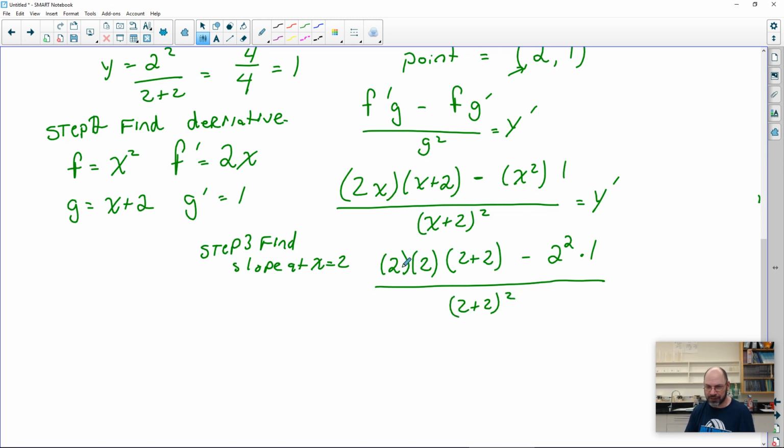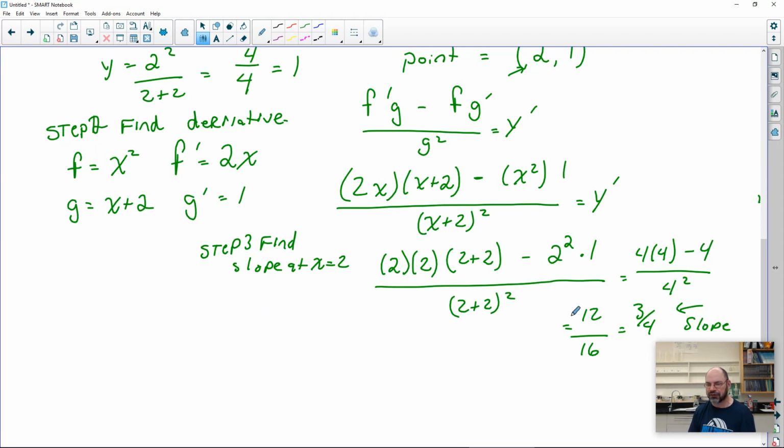Okay, so that's going to give us 4 times 4 minus 4 over 4 squared. Lots of 4s. So this is 16 minus 4, which is equal to 12 over 16. Okay, we can reduce that to 3/4. And this is our slope.